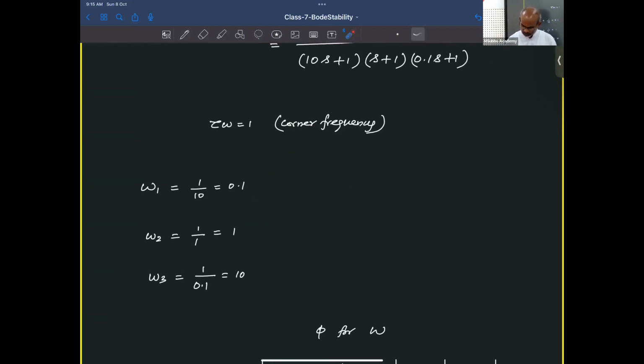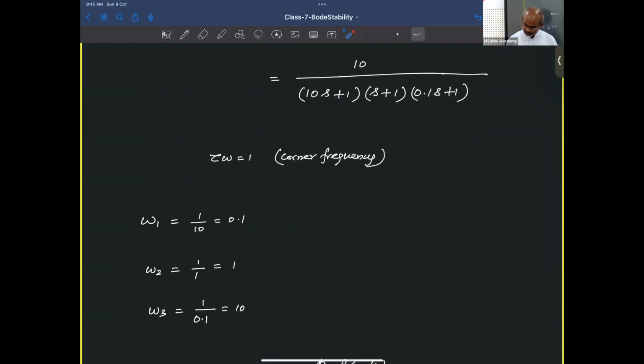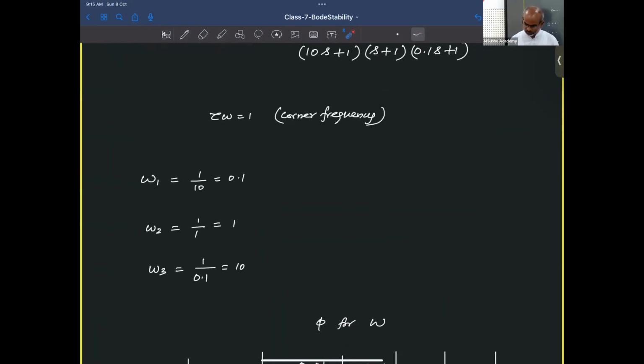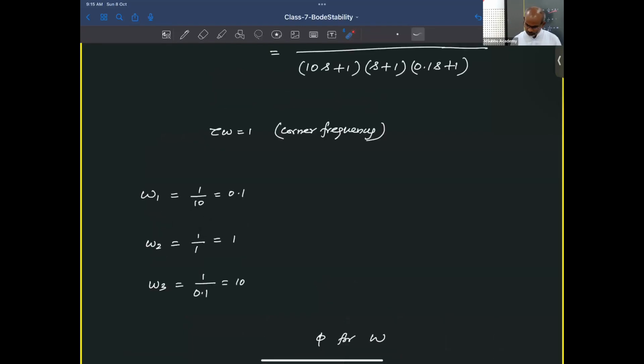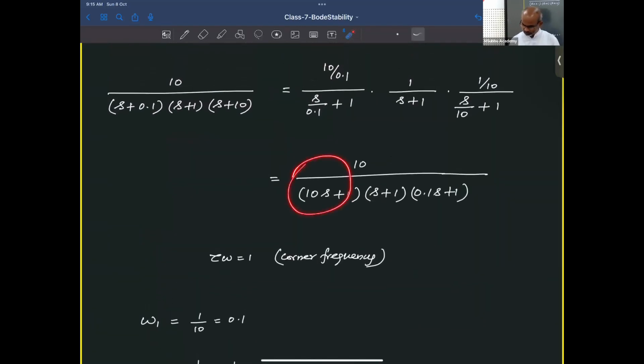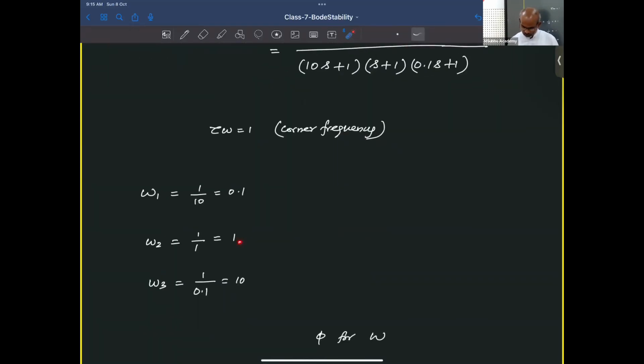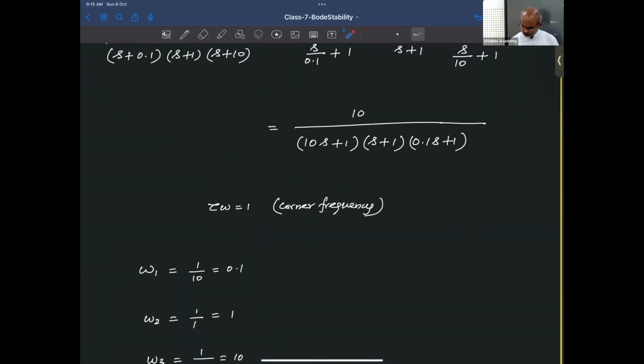Next is arranging the equation in the order of increasing corner frequency, because with increasing frequency, more terms get added. Till 0.1 this will have an effect, and after that, till 1, this will have more effect.